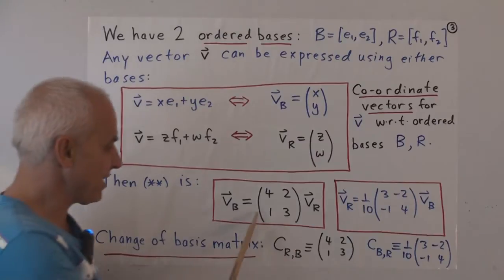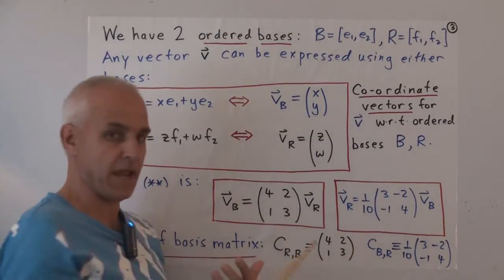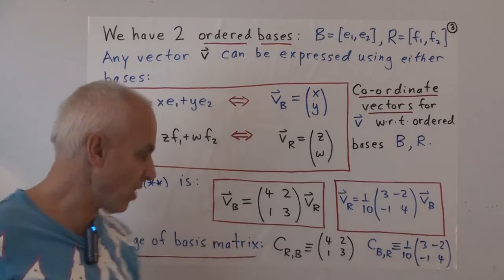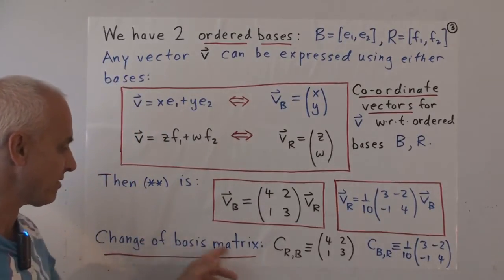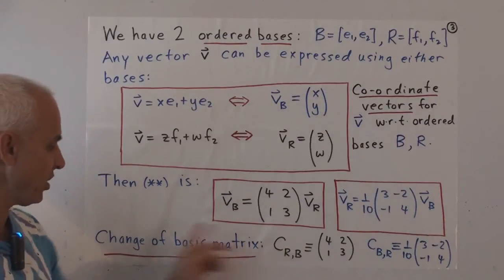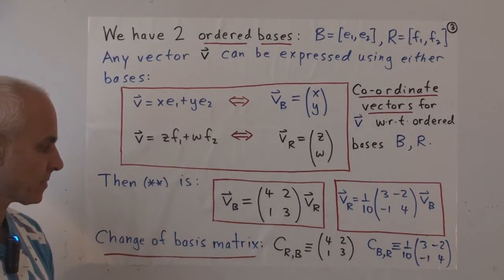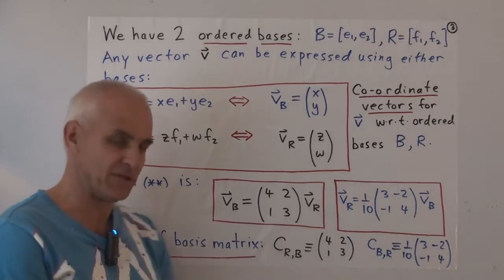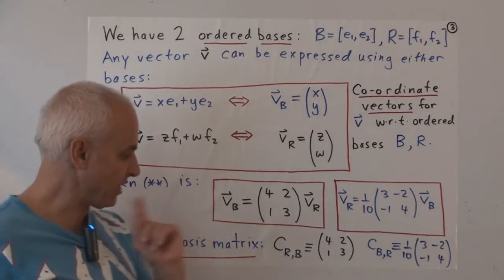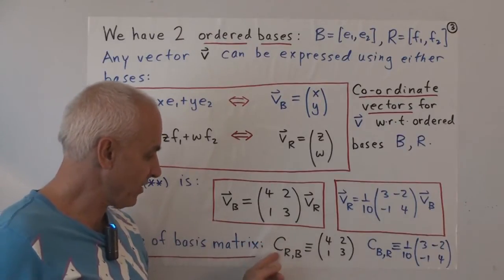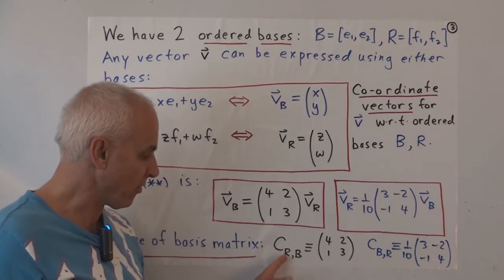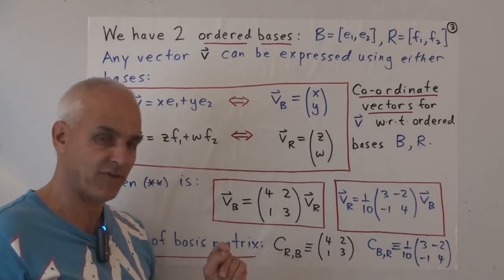And let's give this matrix a name because it's really helping us change basis. So we'll call it a change of basis matrix, and we'll usually use C for it, for change. And we'll put little subscripts under there when needed to clarify to ourselves that this matrix here is helping us go from Rachel's basis to Bob's basis.